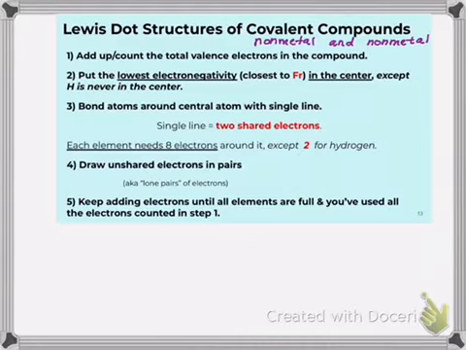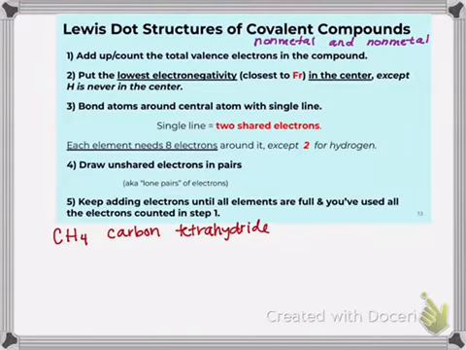So let's say I start with methane. Methane is CH4, okay? The formal name is carbon tetrahydride. So the first step you're going to do is add up the total valence electrons in the compound.